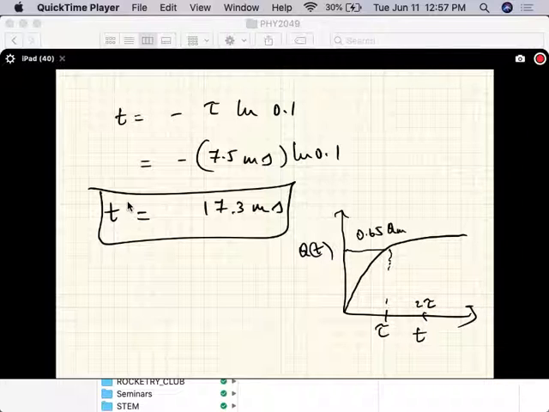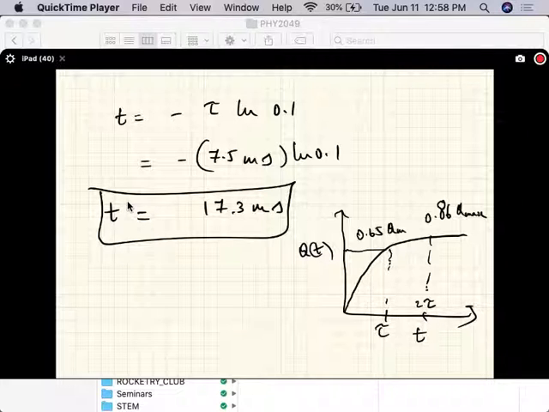At 2 tau, the charge is 0.86, 86% of the max charge. Okay, so after 15 milliseconds, it's 86% of the final charge.